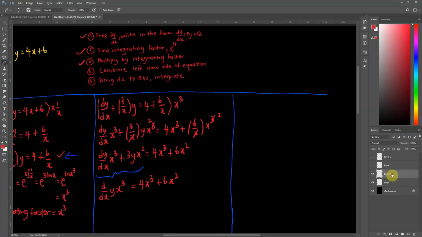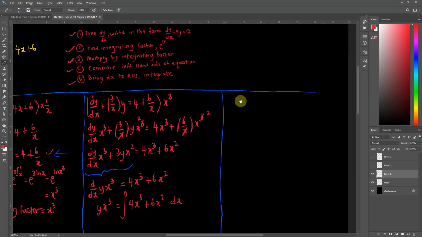Okay. Teruskan, which is bring dx to right hand side. Ni ada dx kan? Dia suruh bawa pergi right hand side. So y x cube equals to 4x cube plus 6x square bring dx. Then dia cakap integrate. Maksudnya integrate right hand side. Okay. So kita sambung.